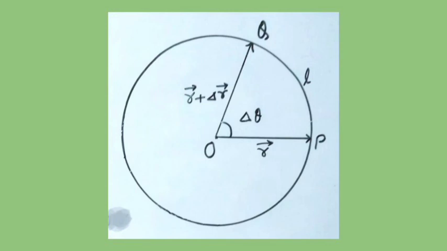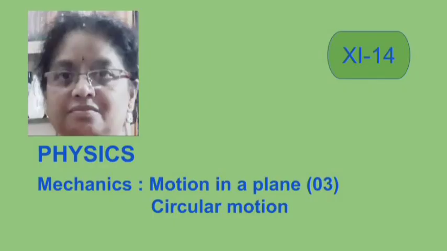The acceleration of the object executing uniform circular motion is called centripetal acceleration. It describes the rate of turning, that is, rate of change of direction of motion. It is always directed towards the center of the circular path along the radius. The expression for centripetal acceleration we will do in the next class.